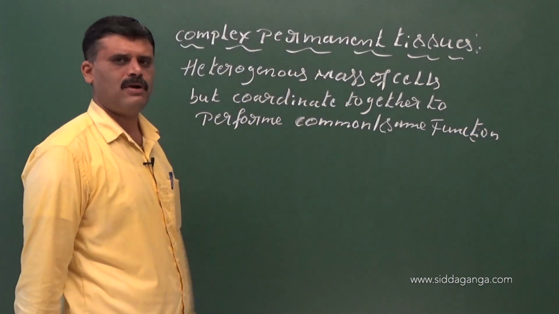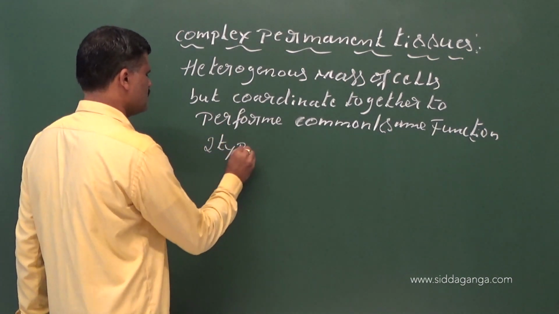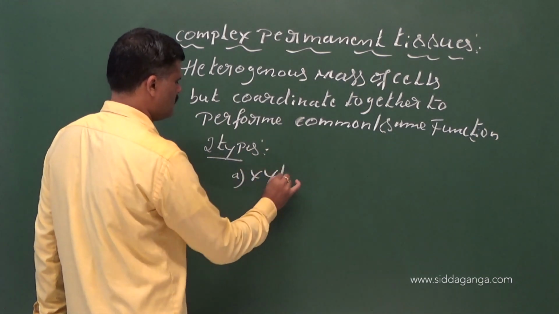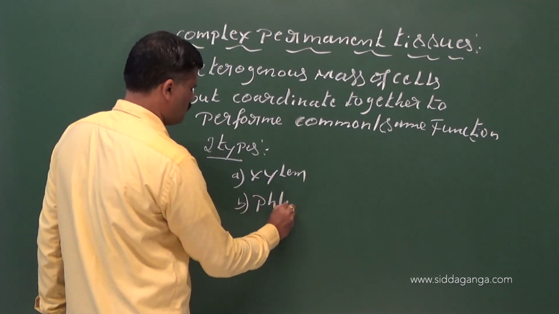Right? The complex permanent tissues are of 2 types, that is xylem and phloem.